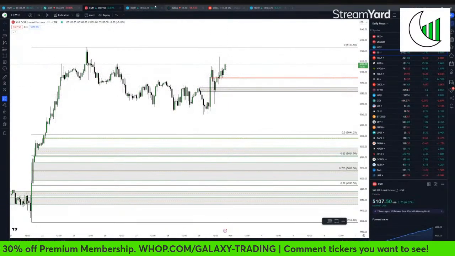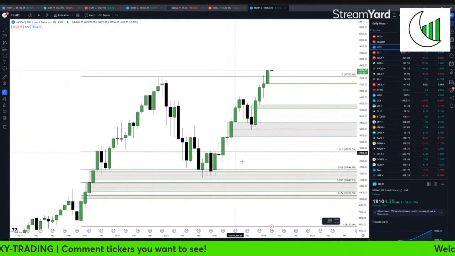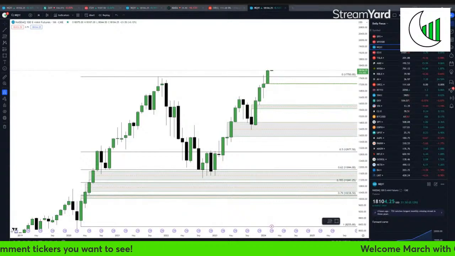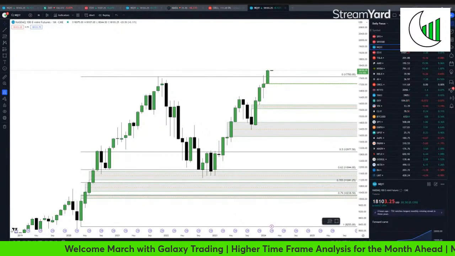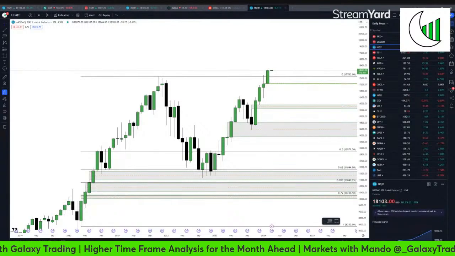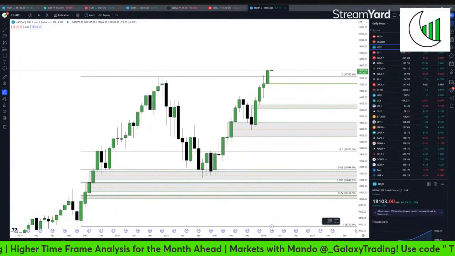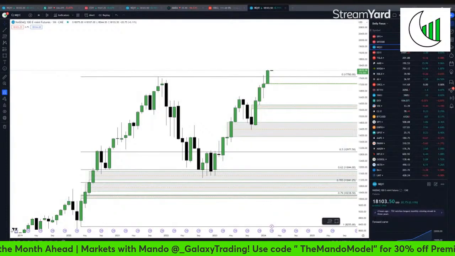So I think you really need to be aware of multiple time frames for setups. I don't think you could just look at one because, to me, the reason I was reluctant to long early was my idea that on the hourly we never got down into discount. It doesn't necessarily have to do that, but that's just my model. I would prefer that for me to feel the best.